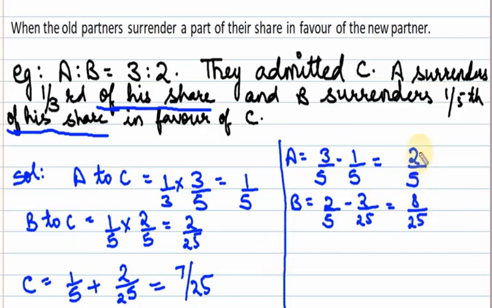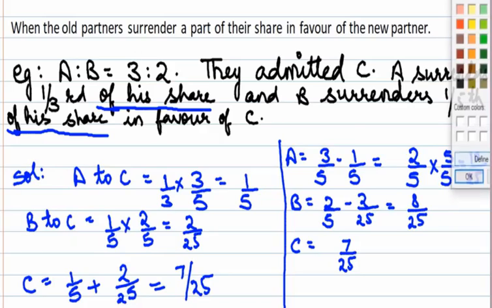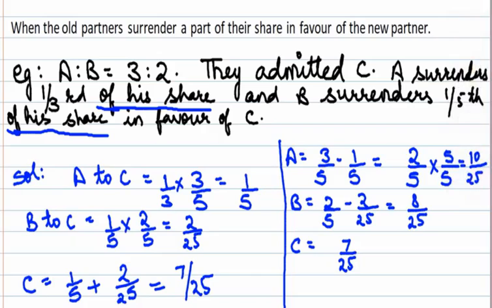As you know, to find the ratio we need to make the LCMs the same. So we will multiply A's share by 5/5 and we will come to 10/25. Now as all the denominators are the same, we can easily find the new ratio of A, B and C, which will be 10 is to 8 is to 7. So what did we do?